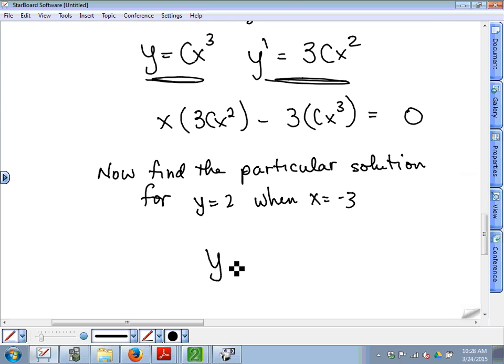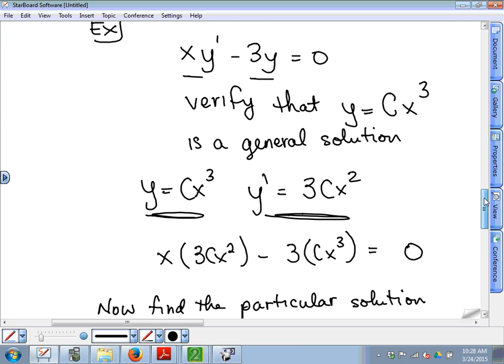So we know y equals cx cubed. We know this is a general solution, because when we plugged it into the differential equation, it equaled what it was supposed to equal, 0.